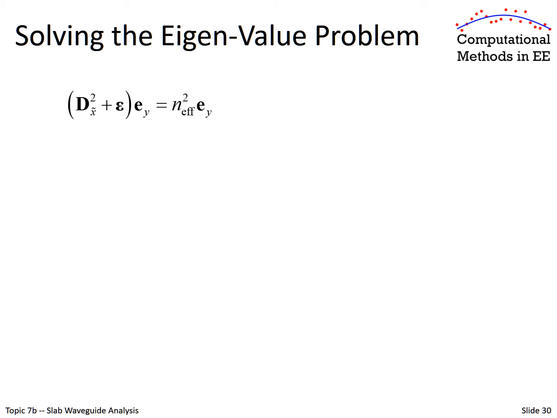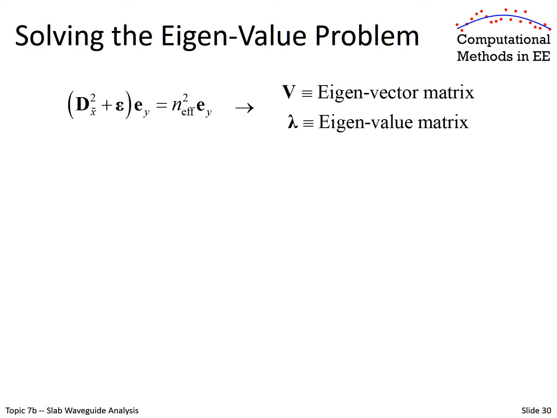When we solve this, we calculate a big square matrix V, and the columns of that matrix are the eigenvectors. We get another square matrix we're calling lambda, and this is a diagonal matrix, so it's all zeros except numbers going down the diagonal. The eigenvalue matrix contains the eigenvalues, the effective refractive indices squared.